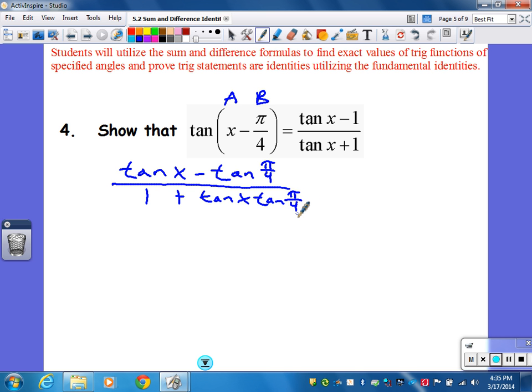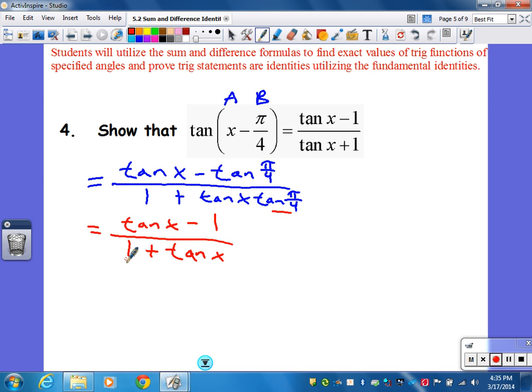Okay, you should be looking at this thinking, well, tangent pi over 4, that's just 1. Which you're right if you're thinking that. So tangent x minus 1, and then 1 plus, if tangent pi over 4 is 1, it's just plus tangent x. Well, you're saying, oh, it's not quite the same.